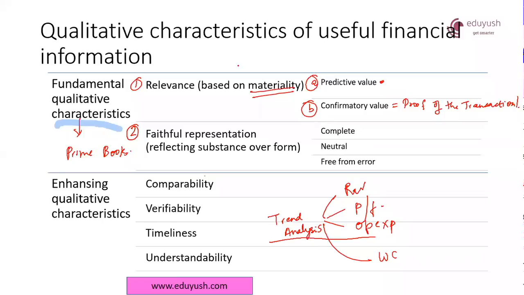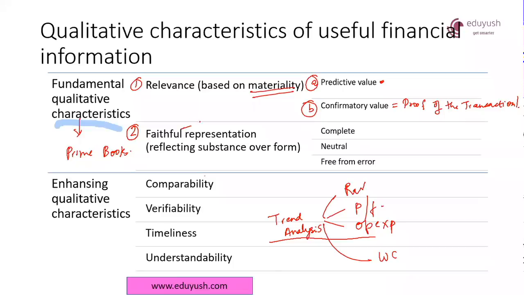So if you make mistakes on those disclosures, it's said to be an error of nature, which is materiality by nature. Anyway, we don't need to get into that much detail. It's just to give you an overview of what the qualitative characteristic of relevance is.